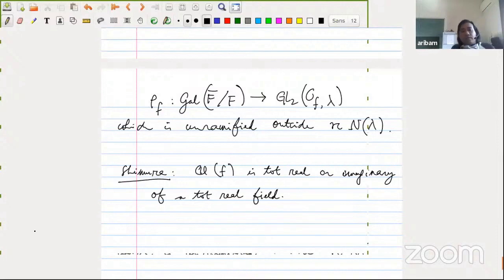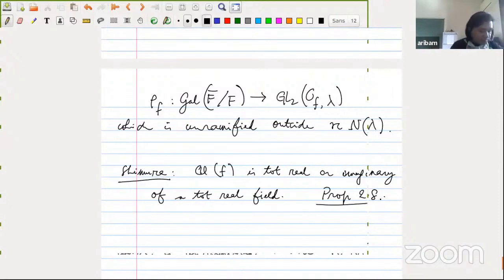So this is also similar to what we have in the case of elliptic modular forms. I think this one is Proposition 2.8.